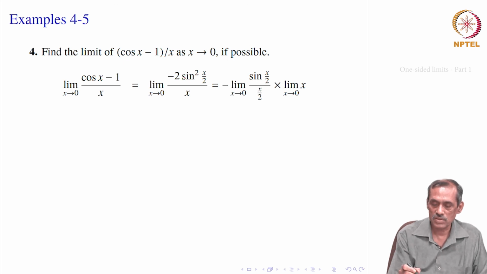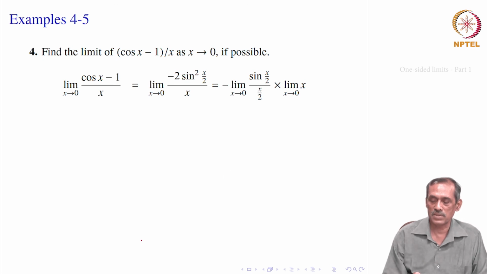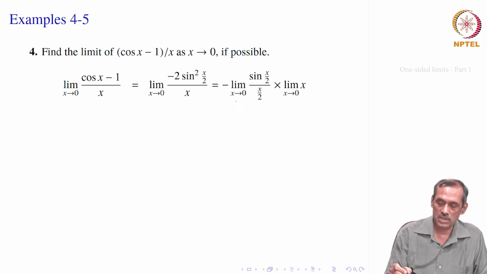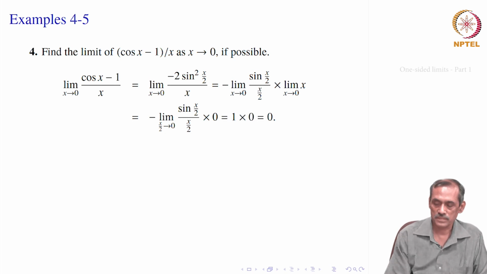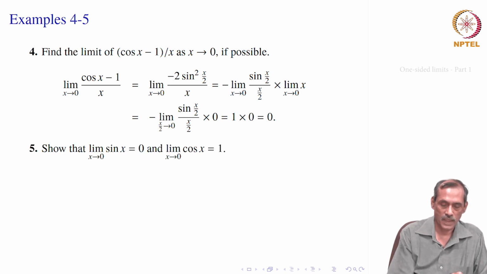The minus sign goes out, and we take the limit as x goes to 0 of sin x by 2 over x by 2, we multiply and divide by 2, bring these 2 down, so it is x by 2 times the limit of sin x by 2 over x by 2. Now, this limit we know to be 1 and the other limit is 0, therefore the total limit is 0. So, the limit exists and the limit of cos x minus 1 divided by x is 0.